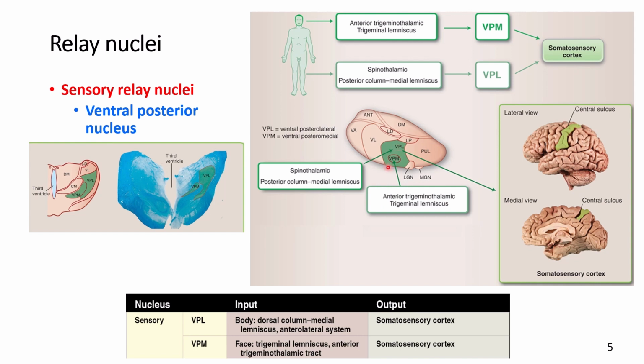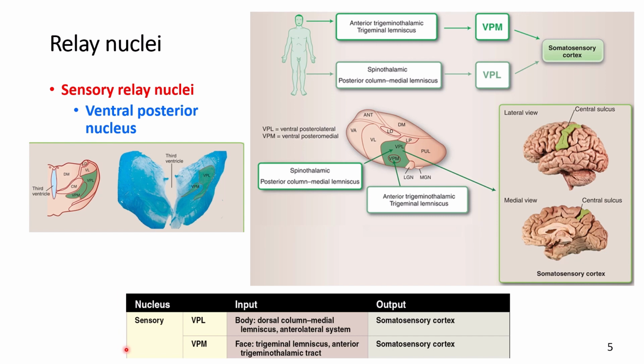It goes to the thalamus, is processed there, and important information is then sent to the cortex of the brain. So this is the central sulcus, and this is the postcentral gyrus, and that is the primary sensory cortex. And this is the area that is responsible for conscious understanding of the sensory stimuli.